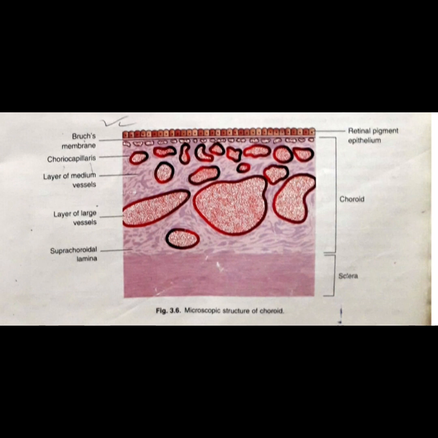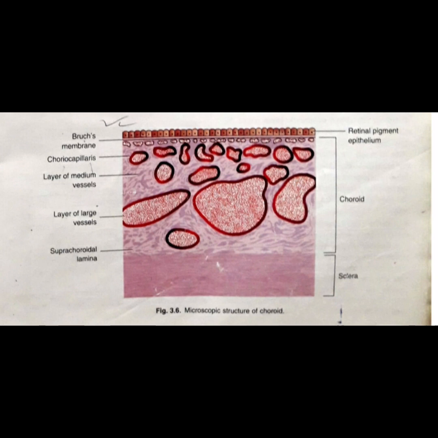So it is a multi-layered structure which lies between the choriocapillaris and pigment epithelium of retina, and if we see through electron microscopy we can see there are 5 layers of Bruch's membrane: basement membrane of retinal pigment epithelium, an inner collagen layer, a middle elastic layer, an outer collagen layer and the basement membrane of the choriocapillaris.